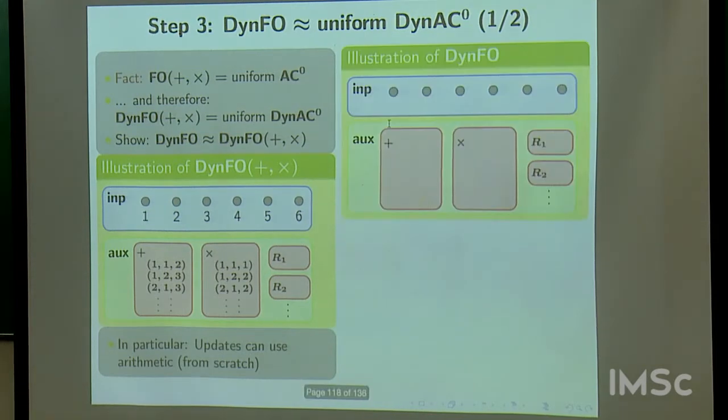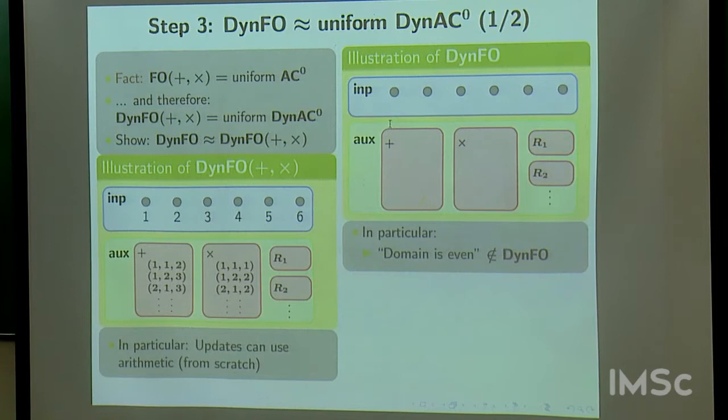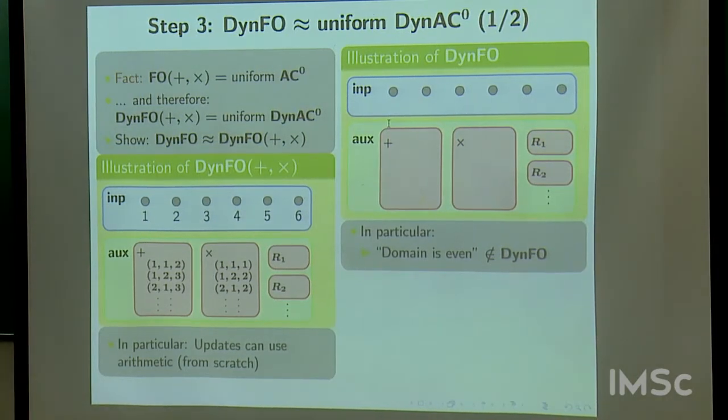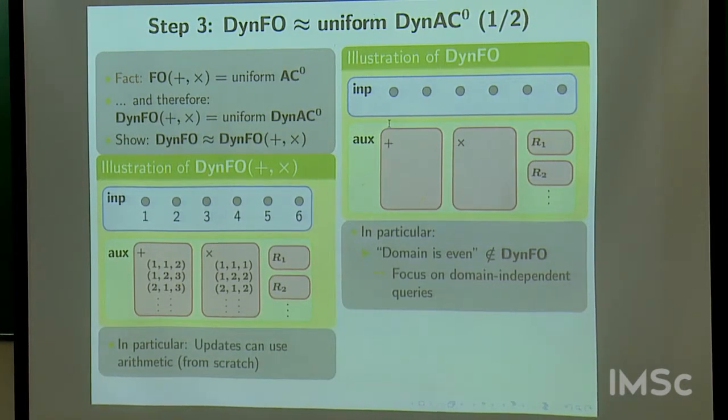On the other hand, in Dyn-FO, you do not have access to plus and multiply from scratch. From the beginning, you don't have them available. In particular, queries like whether the domain size is even are not in Dyn-FO, correct?